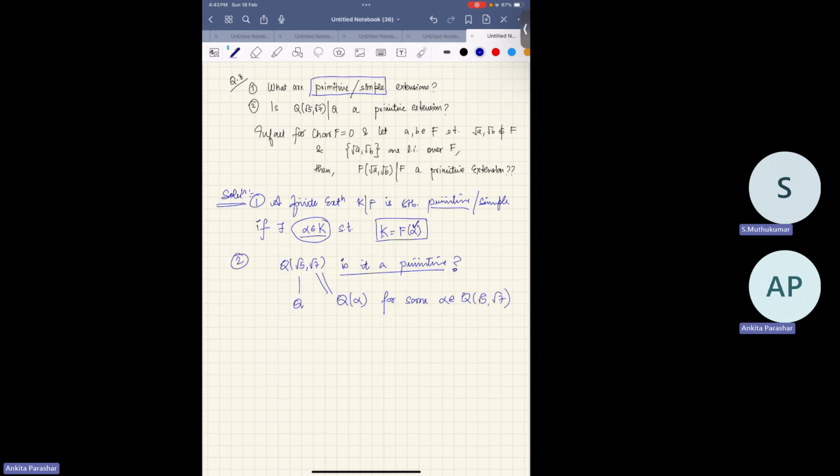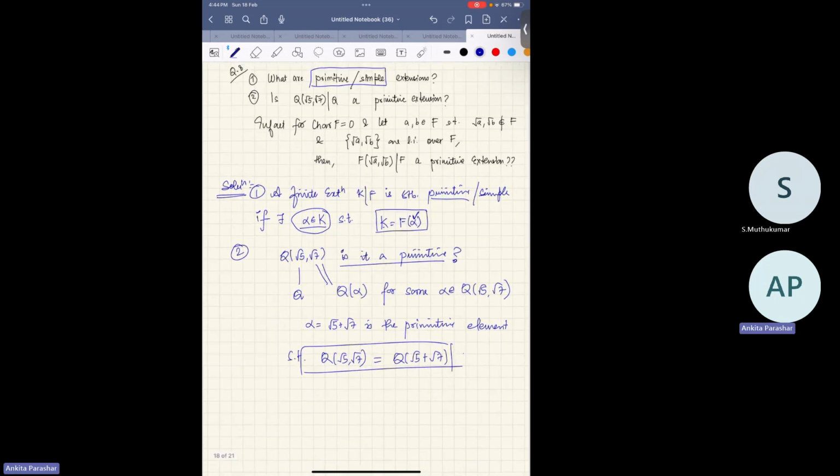Root 5 plus root 7. Exactly right. Very nice. So root 5 plus root 7 is the primitive element, such that Q(root 5, root 7) is the same as Q(root 5 plus root 7). Very nice.